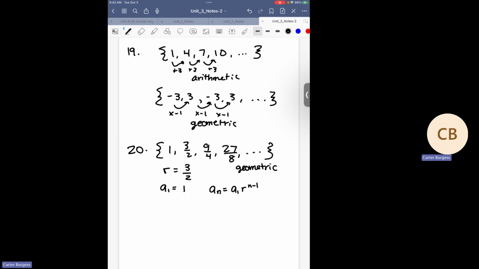This is going to be 1 times 3/2 to the n minus 1. And a sub 20 is going to equal 1 times 3/2 to the 19. And we could plug that into our calculator and get some nasty decimal, but I am perfectly happy with just circling that answer and calling it a day.